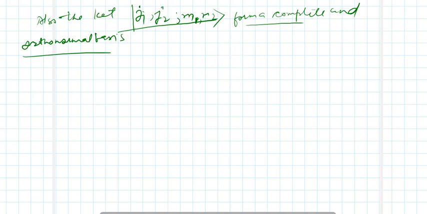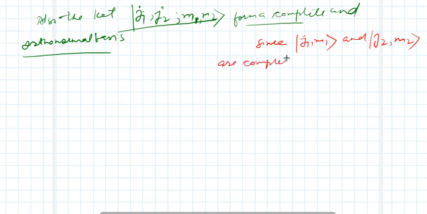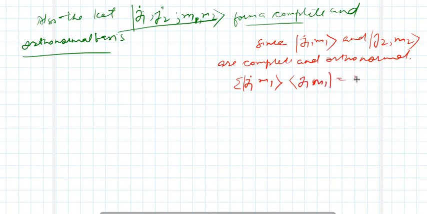Since we know that |J1 M1> and |J2 M2> are complete and orthonormal, this means that the summation over M1 of |J1 M1><J1 M1| is equal to 1.